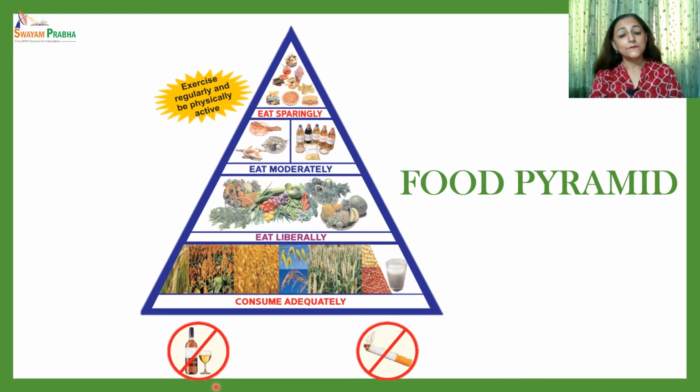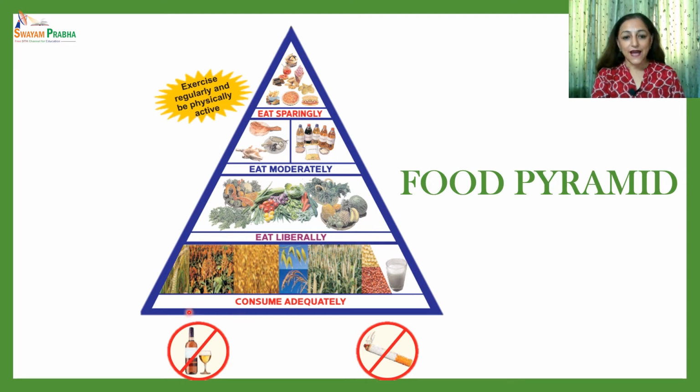And accompanying this pyramid, there are recommendations to do regular physical activity. As we can see, here is a sun sign which depicts that we should go for some outdoor physical activities so that we get plenty of sunshine and a good amount of vitamin D, and along with that we get so many other health benefits of increased physical activity.